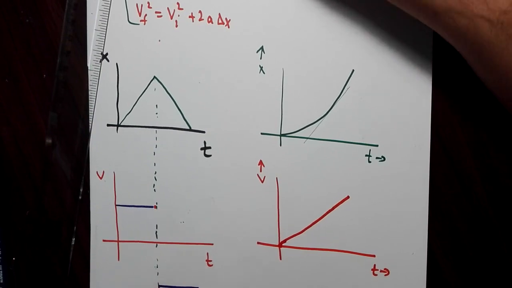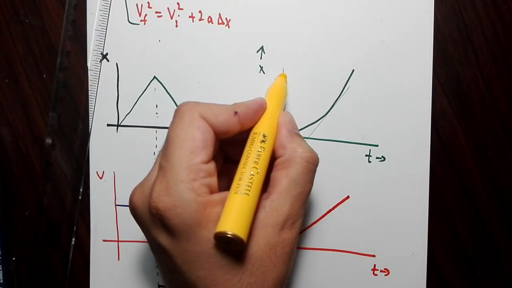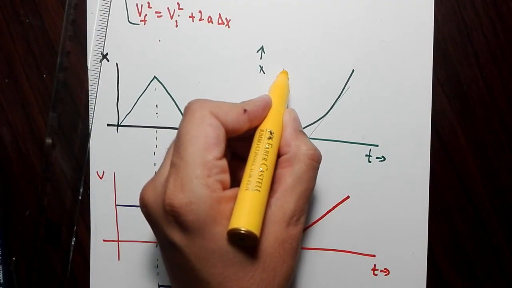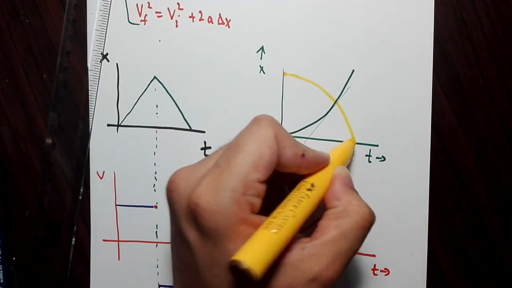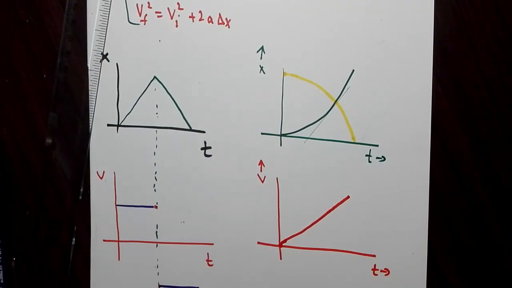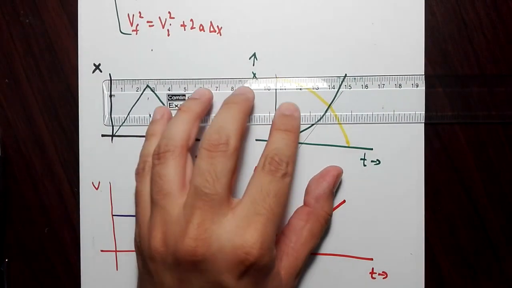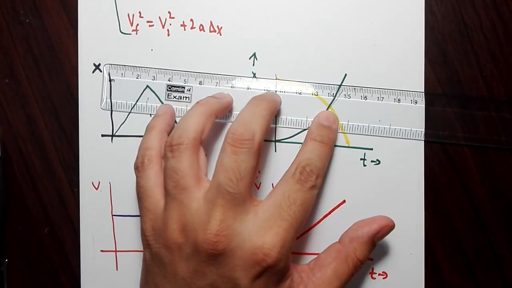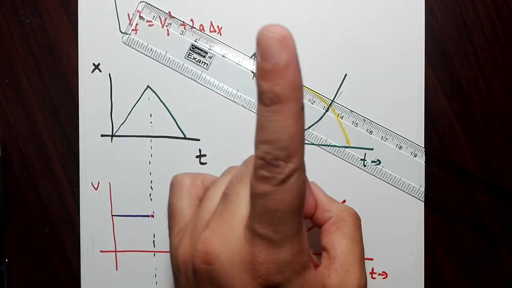Now, if you have a parabola like this, you see that this is concave down. So you start with 0 slope over here, right? And then the slope becomes negative, more and more negative, because again, every orientation gives you one value of velocity.